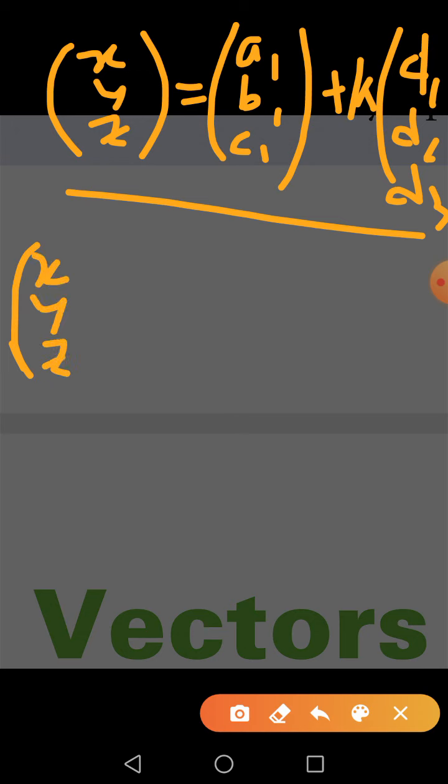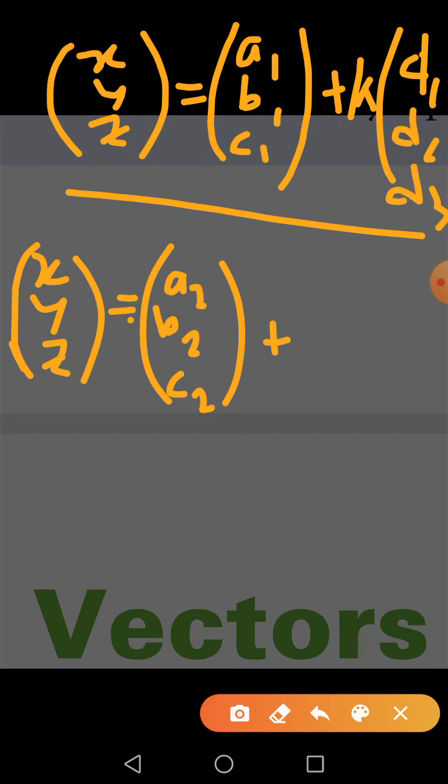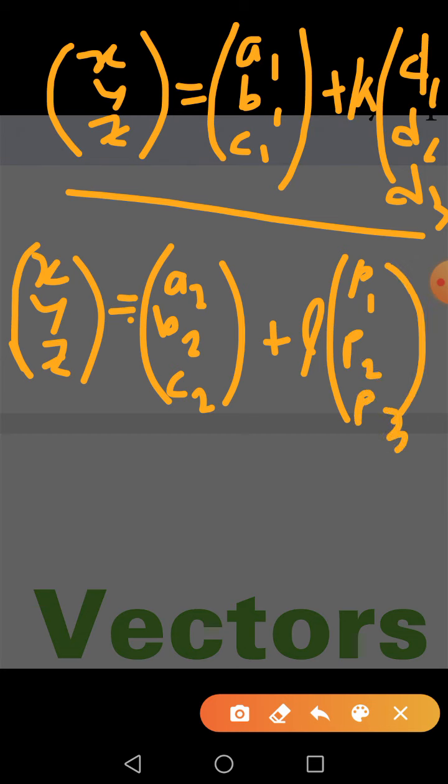Let x, y and z be equal to a2, b2 and c2 plus L, which is the number of steps for the second line, times P2, Q2, R2, the direction vector.